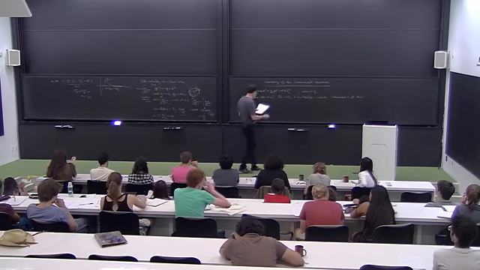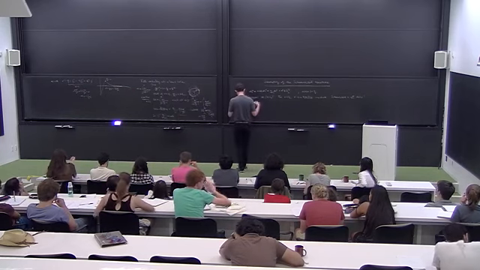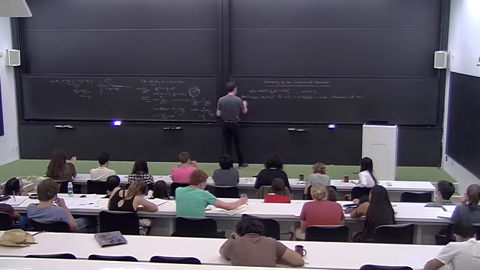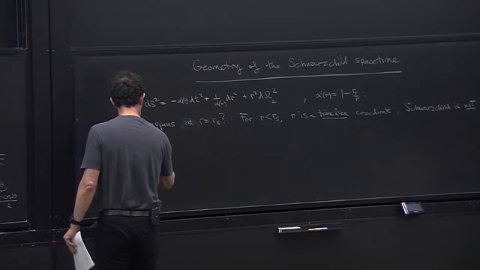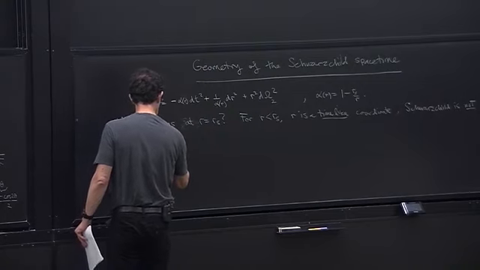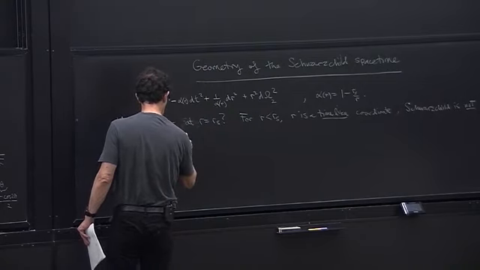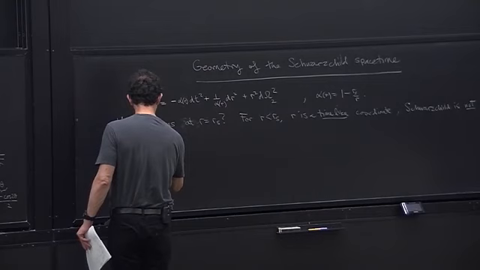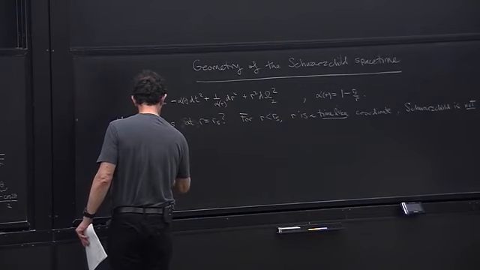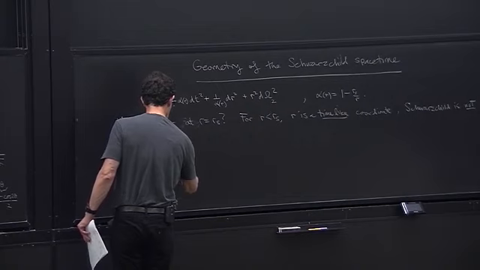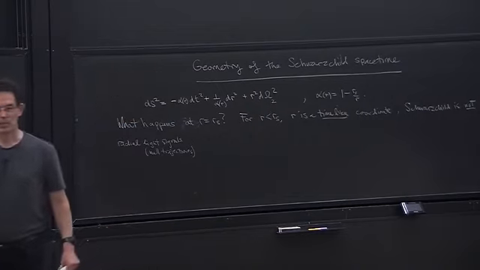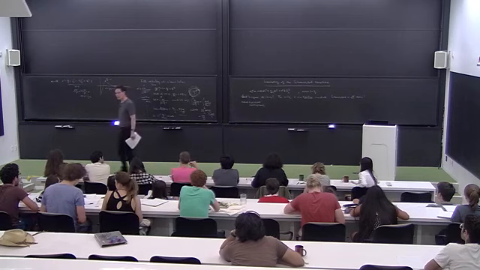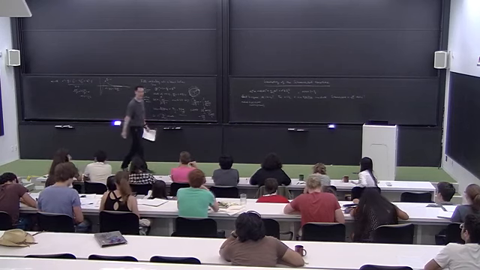Okay, so to understand this, let us, to begin with, think about radial light signals or null trajectories. So we think about massless particles like the photon, and let's watch what photons do in this space-time.